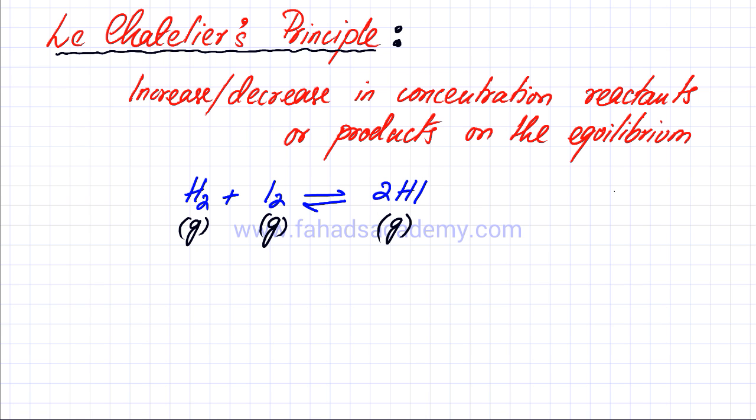Now what's going to happen if I increase the concentration of H2? Let's say I increase the concentration of H2, and the square brackets represent, whenever we write square brackets in chemistry, that we are talking about concentration.